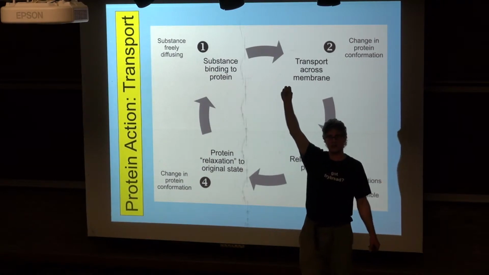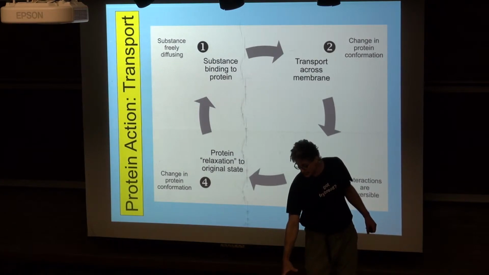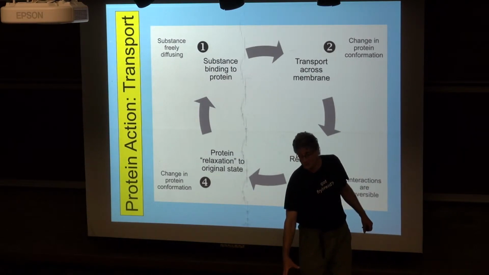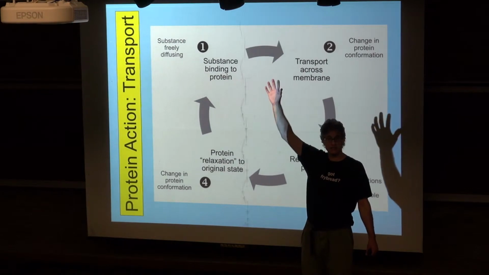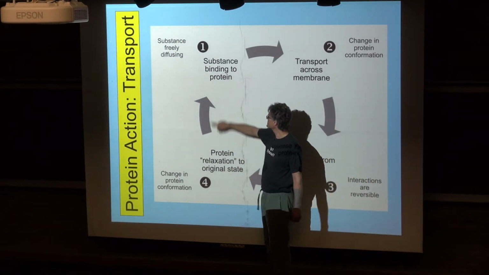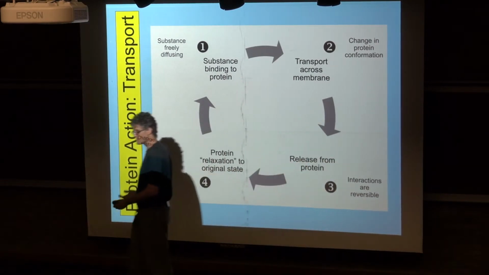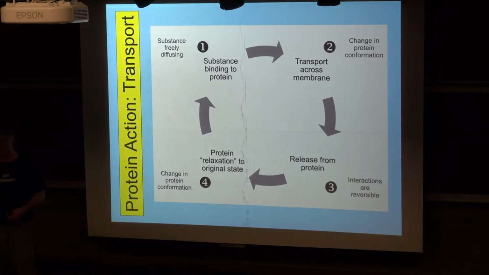It grabs that thing, that stimulates it to move the thing to another location, at which point it's stimulated to release, and the release causes the protein to fall back to where it was initially. So it relaxes to its original state, and now it's ready to grab another substance, another of the same type of compound, and move it across the membrane. So that's a way of thinking about transport proteins.